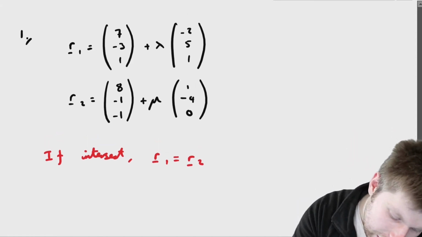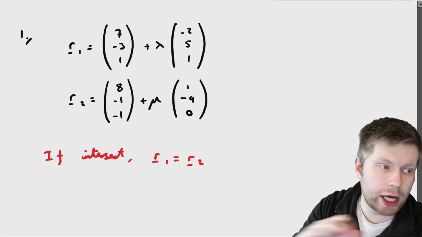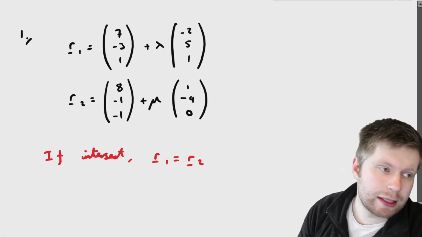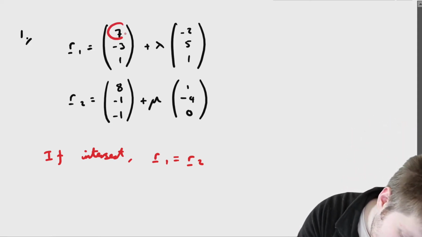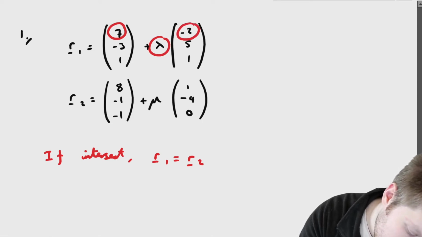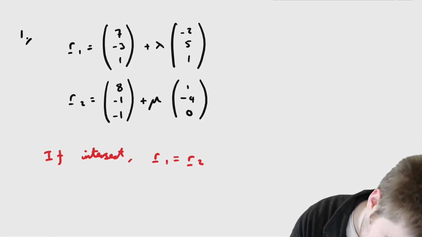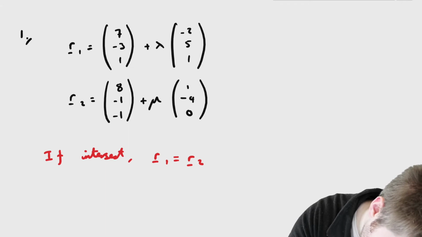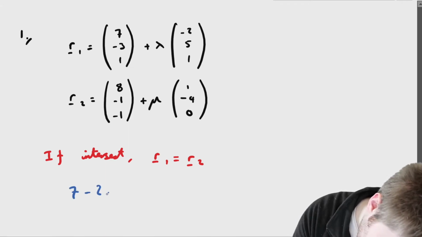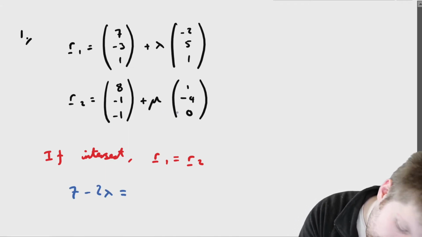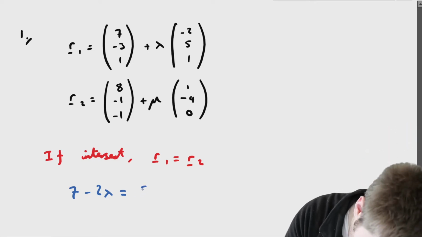Okay. So in order to do that, I'm just going to set these 2 things equal to each other. So I'm simply going to look at the components, the i, j, k components of each vector and set them equal to each other. So I'm going to take 7 plus lambda lots of -2. So that's going to be 7 minus 2 lambda, and that should be equal to 8 plus mu times 1, so 8 plus mu.